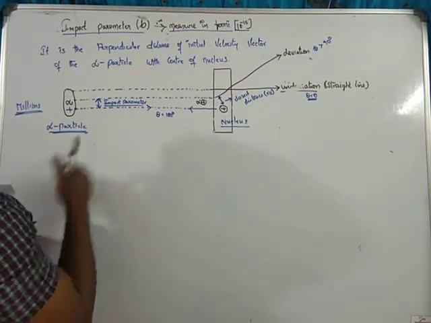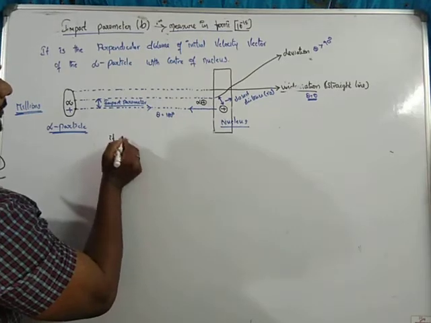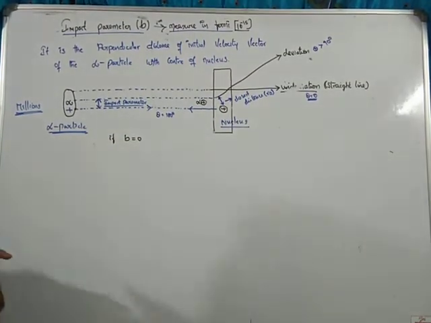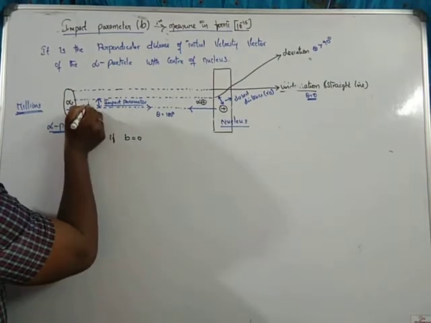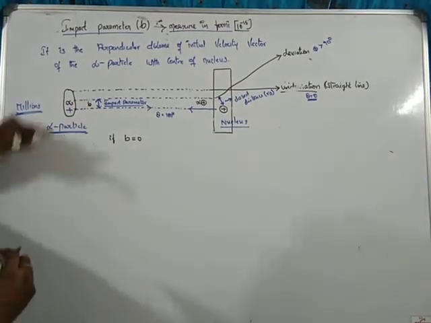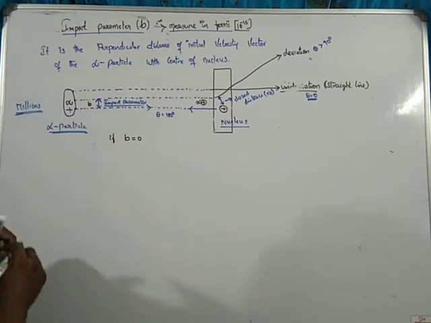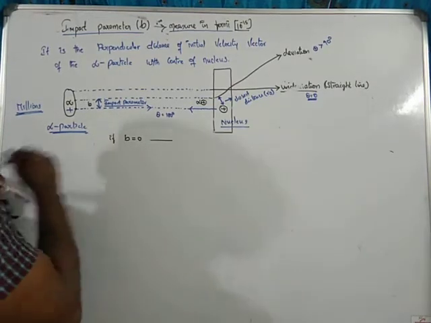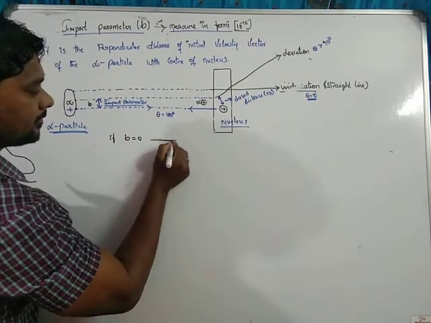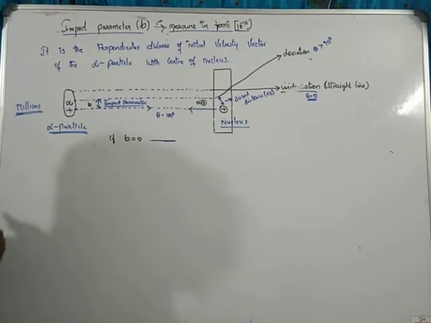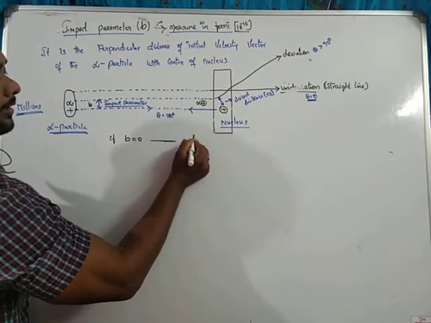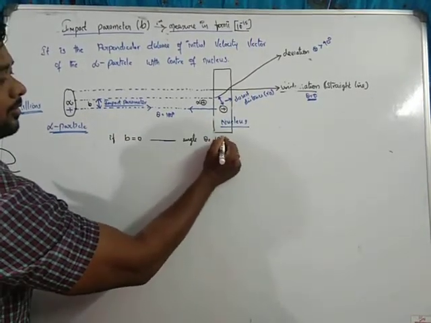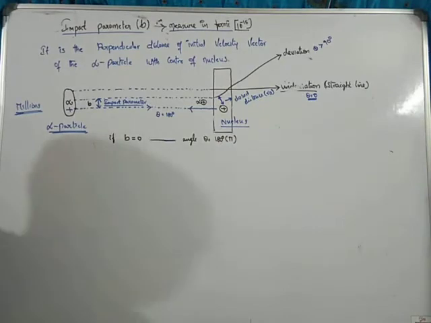Suppose we consider this as impact parameter B. Suppose if B is equal to 0, both are in the same line, then what will be the angle? Then angle theta is equal to 180 degrees. That will be pi.